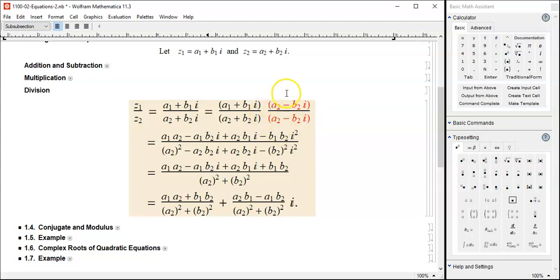We multiply some strategic quantity to both numerator and denominator so that I don't change anything. And what strategic quantity is this? Start from the denominator, a2 plus b2i, and change the sign. That plus becomes minus. If we already start from negative, then changing the sign of the imaginary part will become plus.